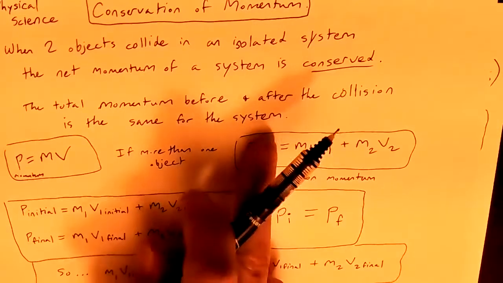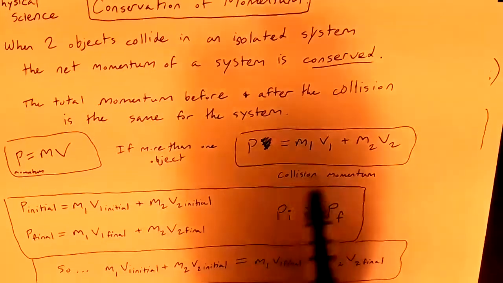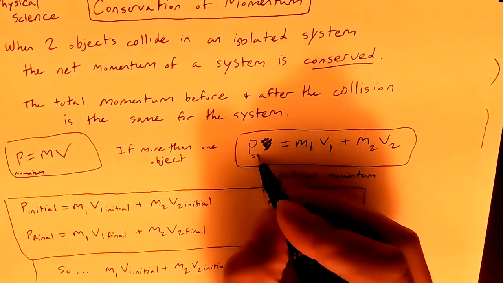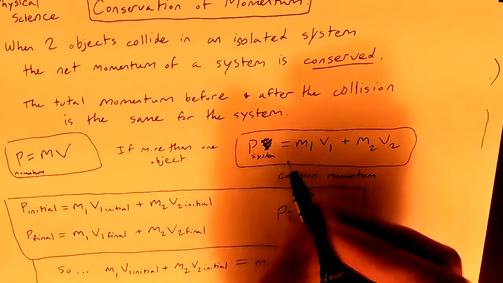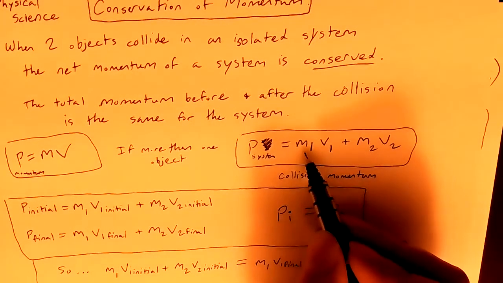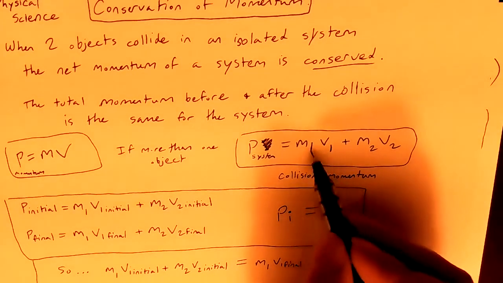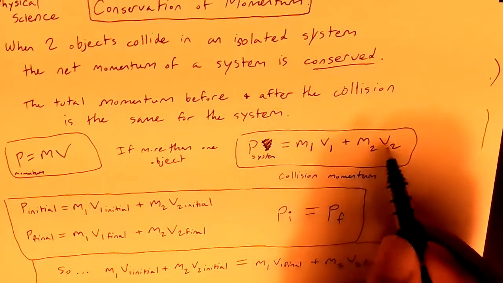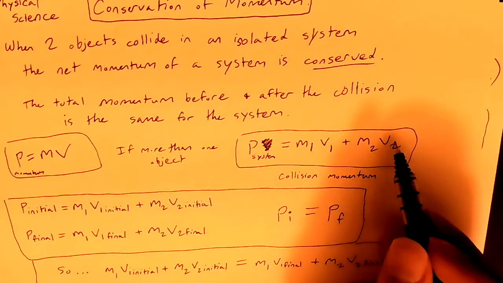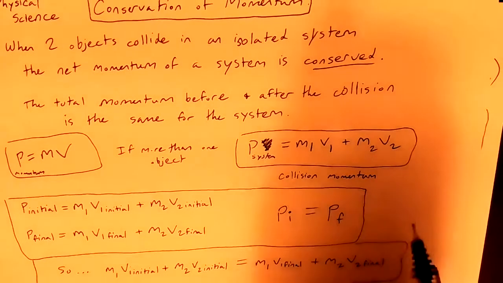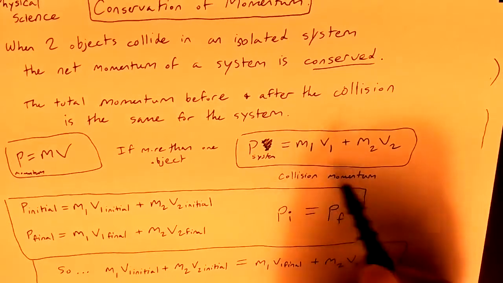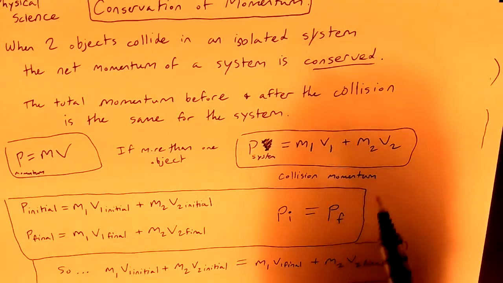So excuse that little mistake. But the momentum of the system equals the mass times velocity of one object plus the mass times velocity of a different object. So that is how we calculate momentum in a collision.